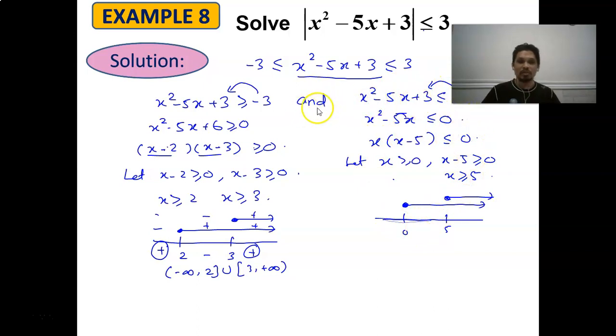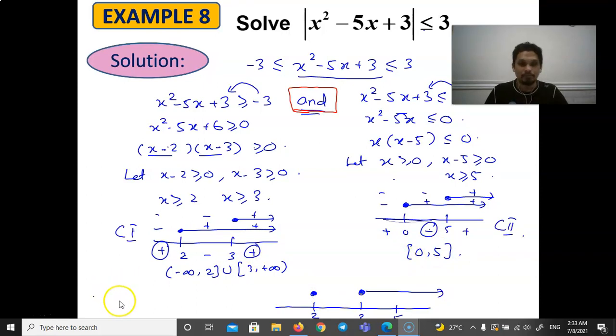We are not talking about this side, we are talking about the side between. Again we play with positive, positive; negative, positive; negative, negative. So we get positive, negative, and positive. But the inequality x(x - 5) less than or equal to 0 is negative, so the solution set for this case is 0 to 5.